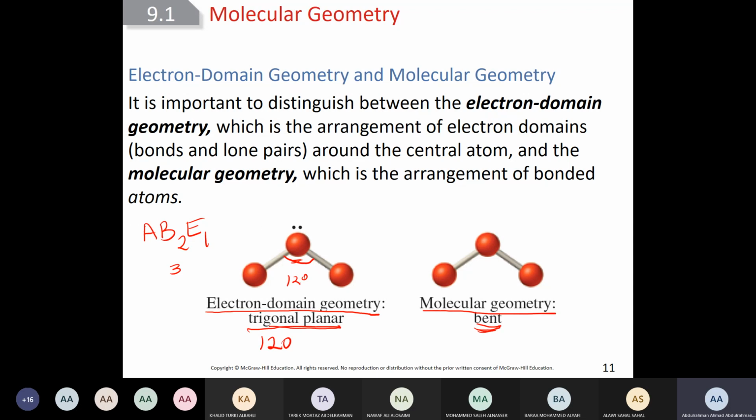Not only that, but the electrons that we don't see take more space than the bonds. As a result, what will happen to the bond angles?